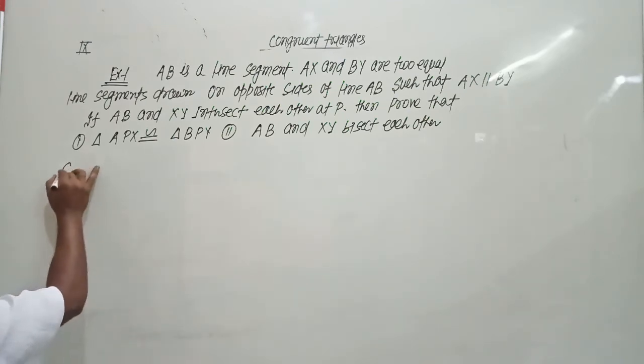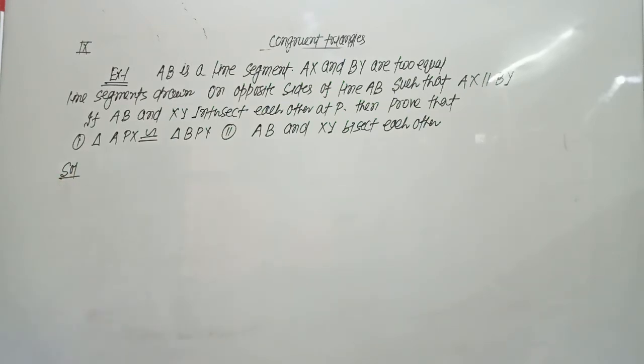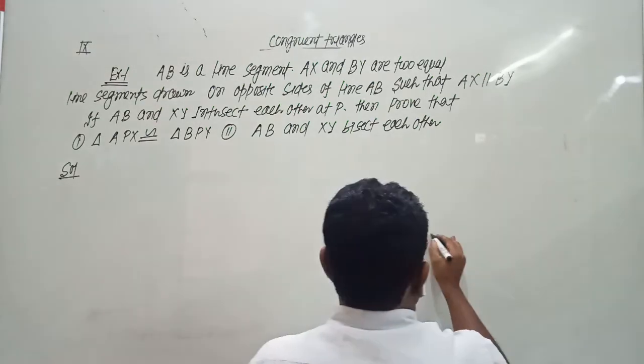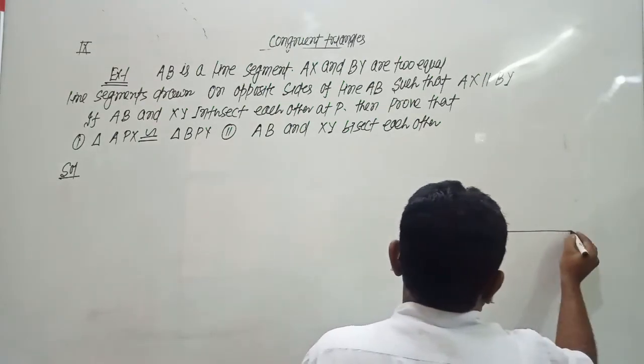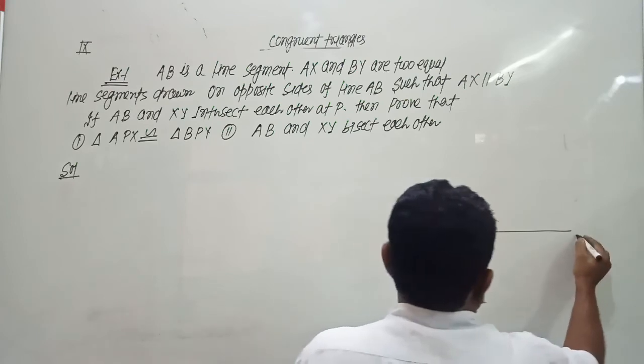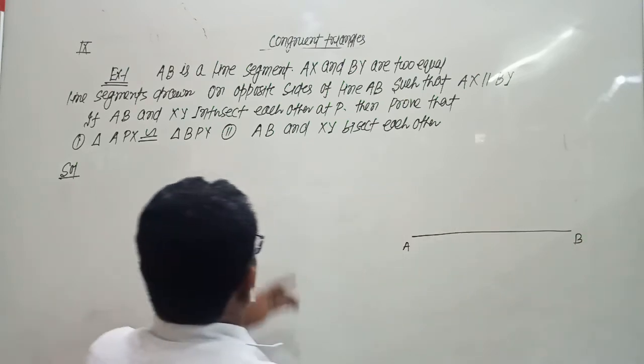So we draw the diagram first. AB is a line segment.